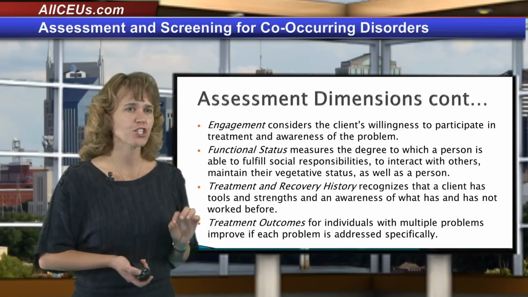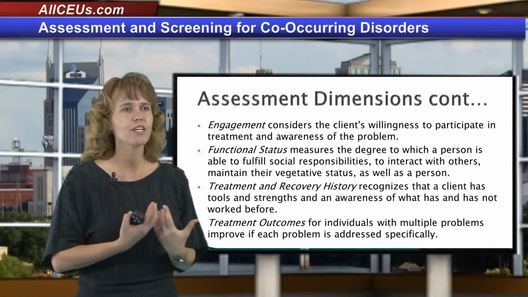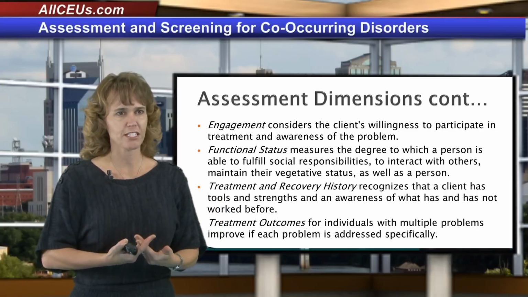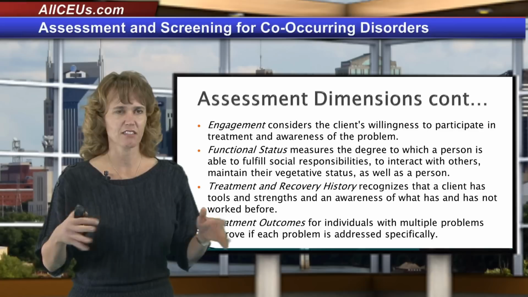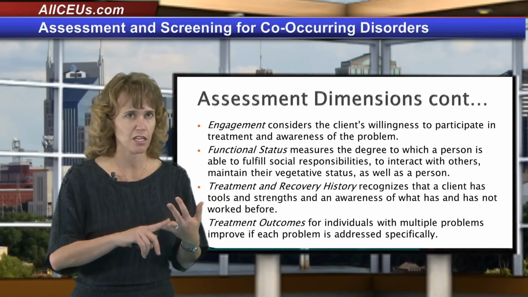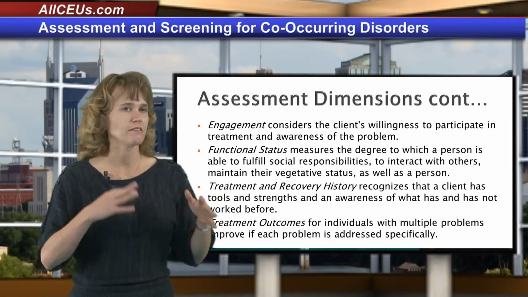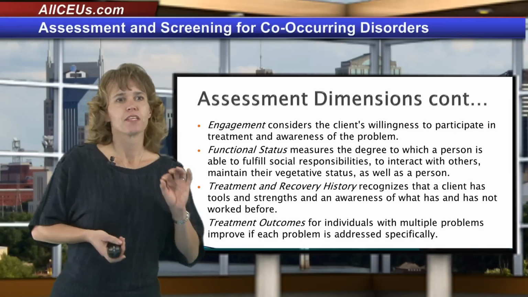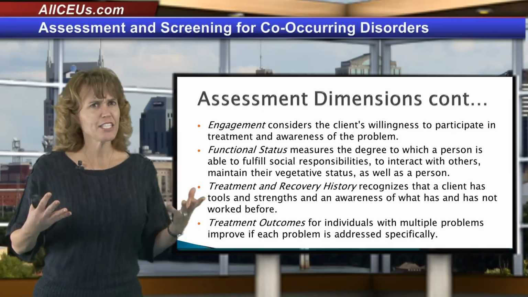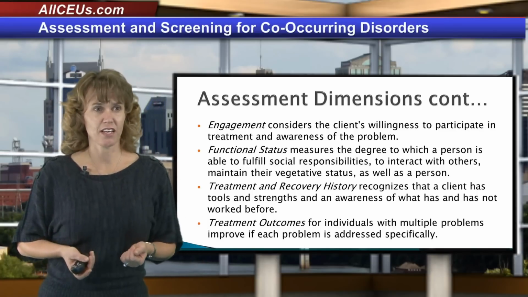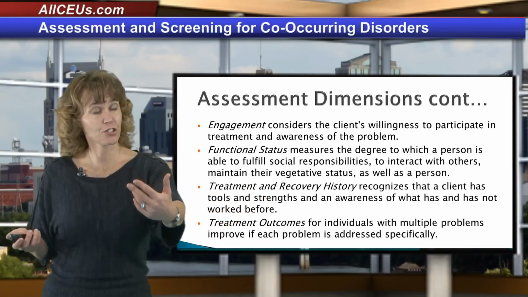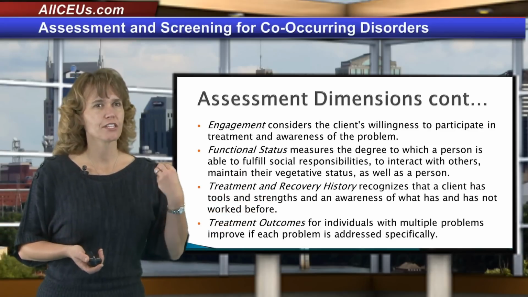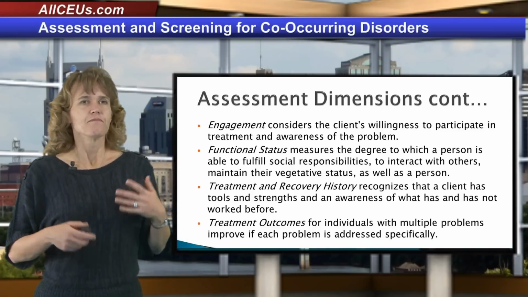We want to look at their functional status, the degree to which they're able to fulfill social responsibilities, interact with others, maintain their vegetative status, activities of daily living, sleeping, eating, maintaining their weight, etc., bathing. How are they doing? Are they able to interact with others? If they've got Asperger's, we may have to look at what level they're interacting with others.